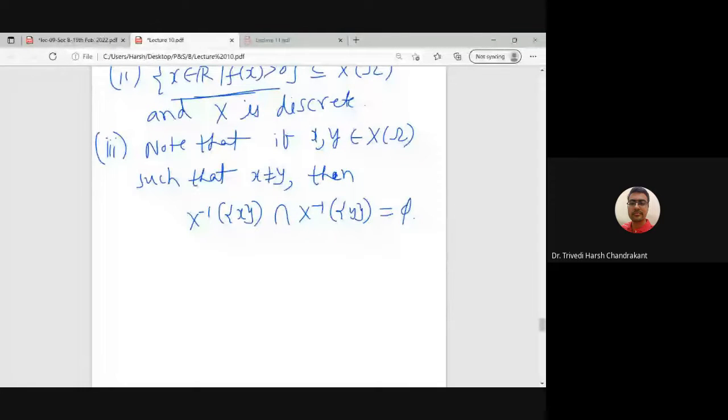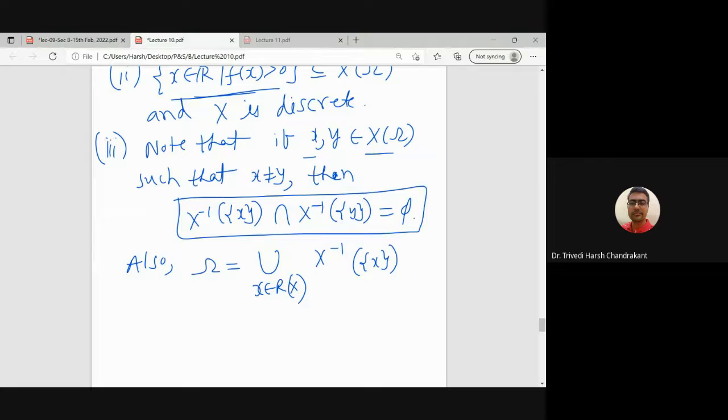And if you consider all the elements of the range, that will cover all the elements of the domain. Also, omega is essentially the union over all elements x in the range of the random variable of X inverse of x. So they are disjoint and their union is omega.